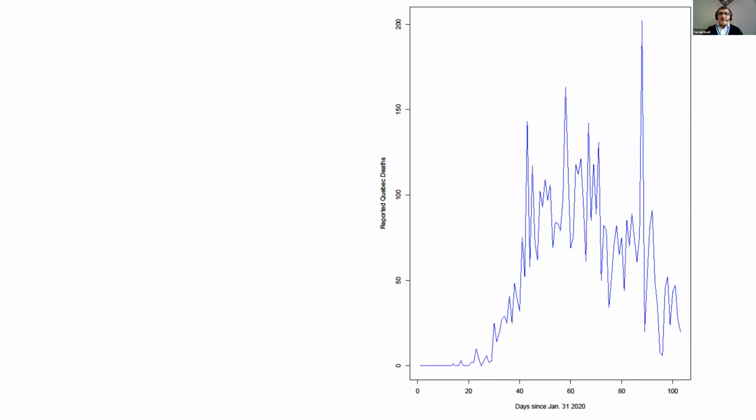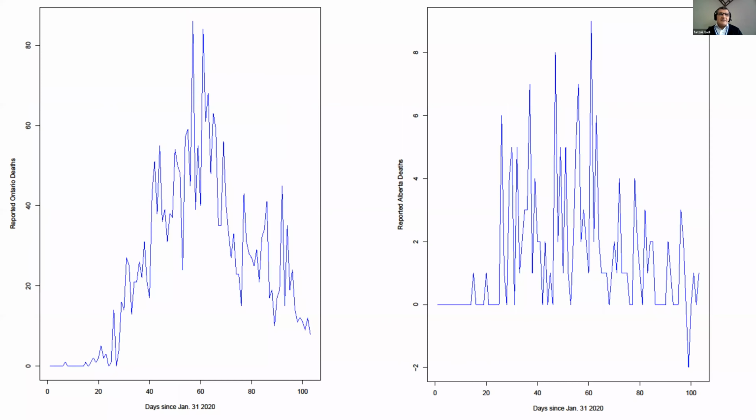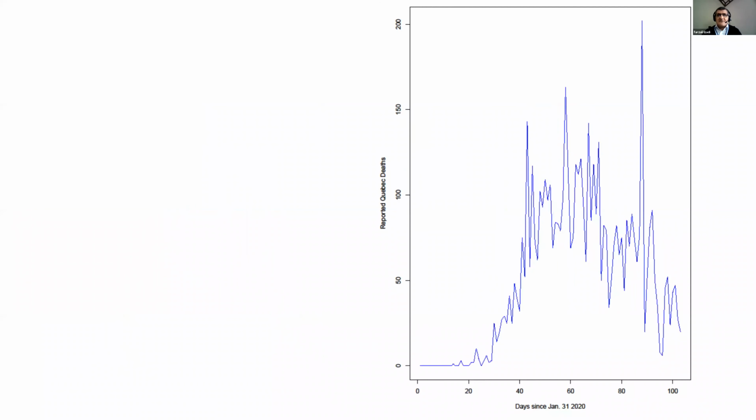You can see this, so I separated because after the whole Canada, there are maybe 3 provinces. The left panel is the deaths for the whole Canada, and the right panel, I think I missed one.